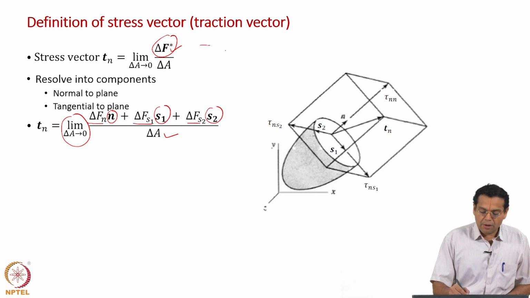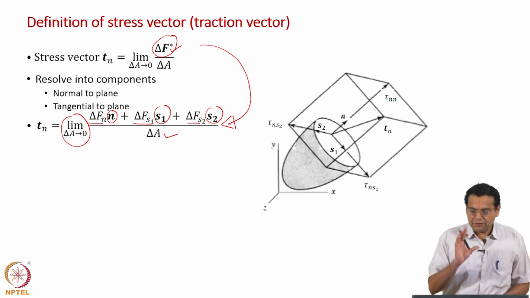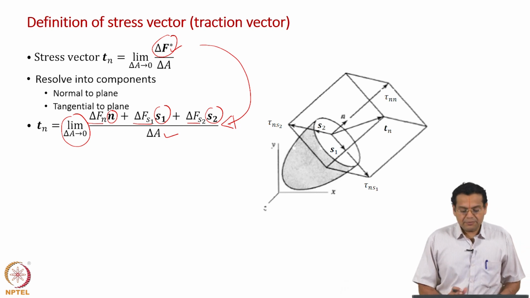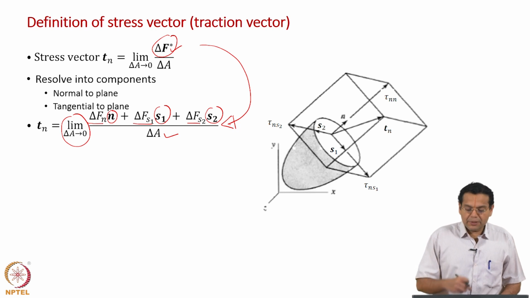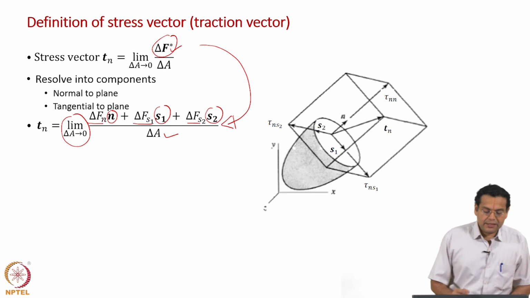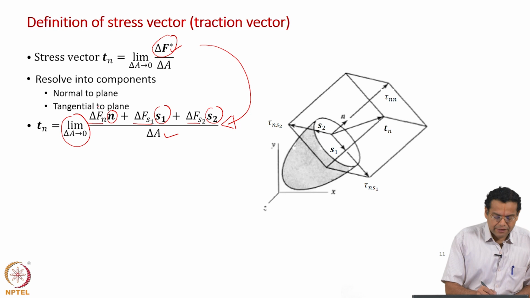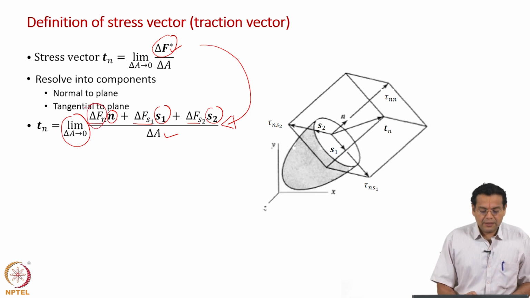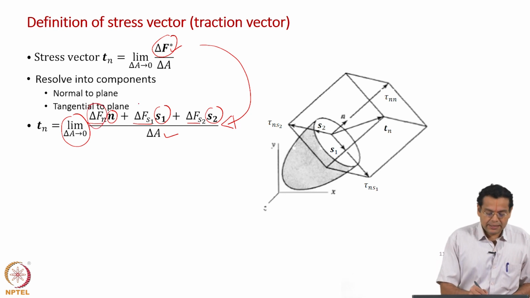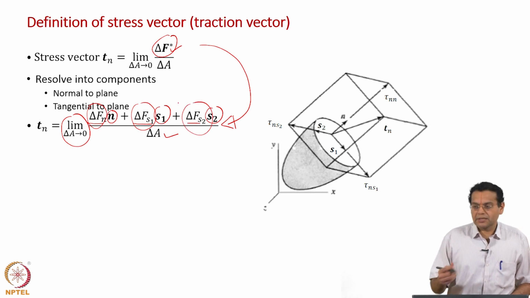So this is a component representation of the equation given in the first bullet, which was in terms of the incremental vector itself, but now it is in terms of components. Delta Fn is the normal component, representing the incremental normal force, and then the incremental tangential forces along the respective directions.